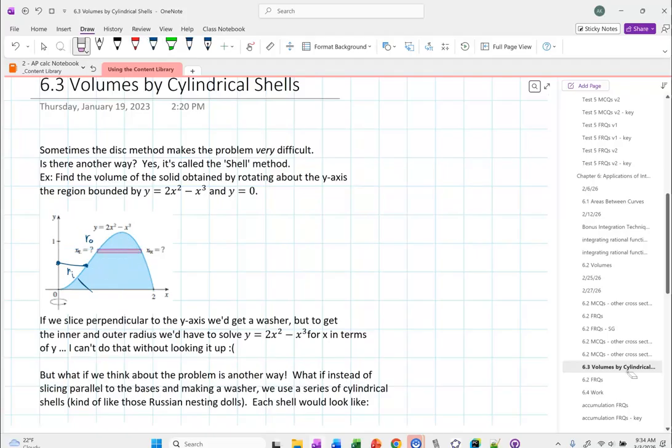So I would need to rewrite y equals 2x squared minus x cubed to get x in terms of y. I have x equals, what type of equation is this? Cubic, right? That's a cubic polynomial. Do you guys have a good way to solve a cubic polynomial?